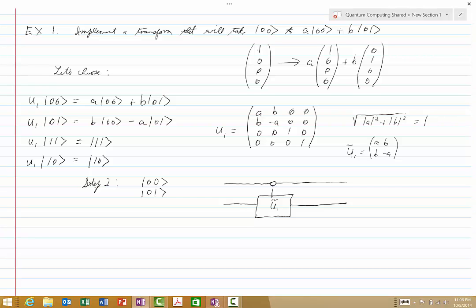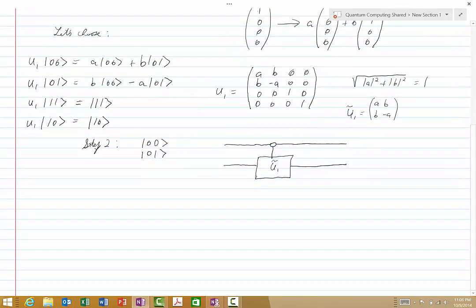Now we want to figure out how this acts, because we'd like to find the matrix for this. We'll see why later, but we want to guarantee that the matrix for this will match the matrix U1 that's given. And so let's check that to make sure.